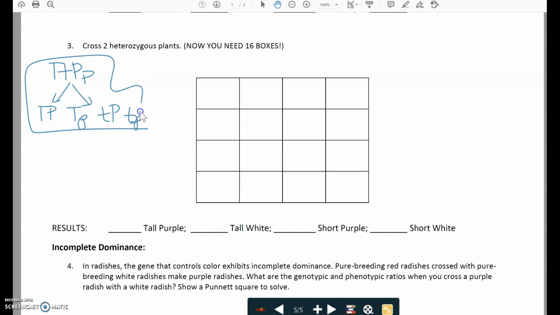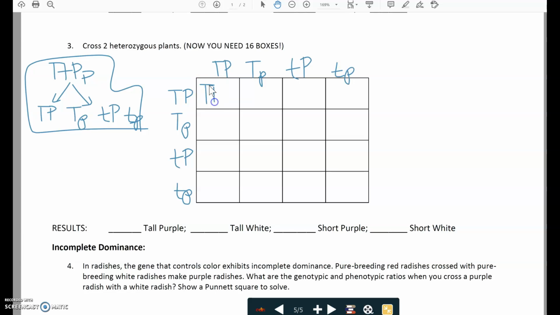All of these are the possible genotypes for the sperm or egg. So you have to write all of those possibilities. So this parent can make this, this, this, and this. This parent can make this, this, this, and this. And now you would have to fill in every box.